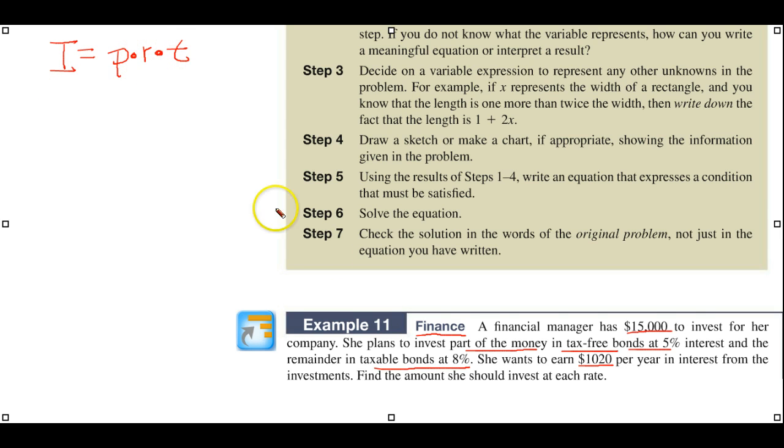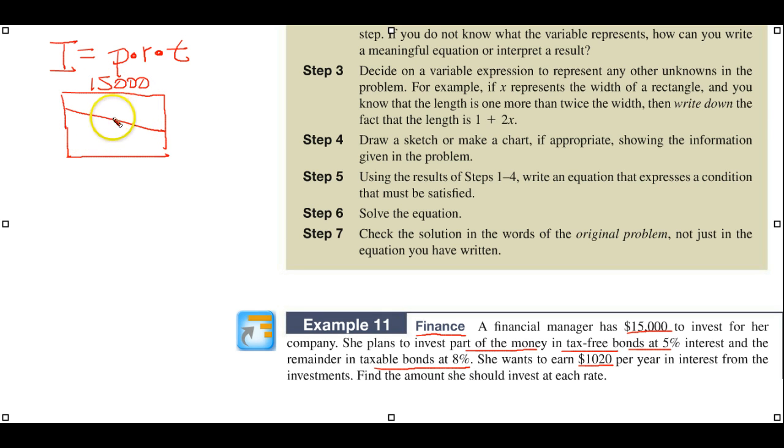But we actually have 2 parts to this, because the principal is going to be divided into 2 parts. And how can I divide $15,000 into 2 parts that I don't know how much they are?